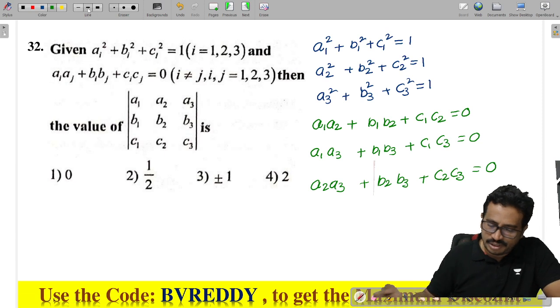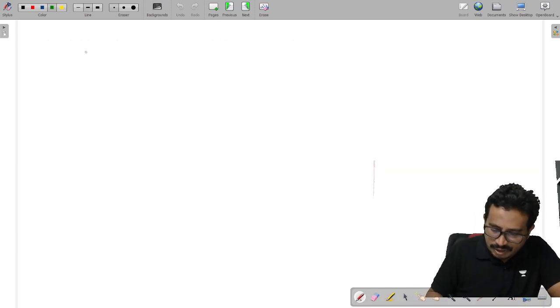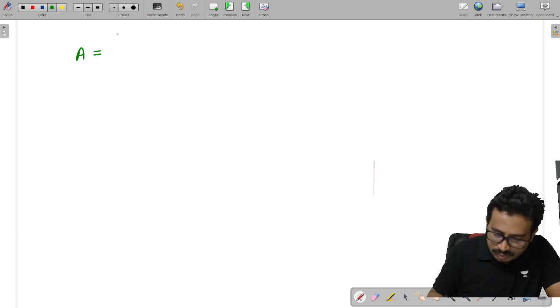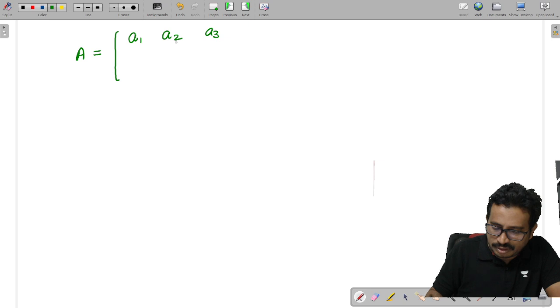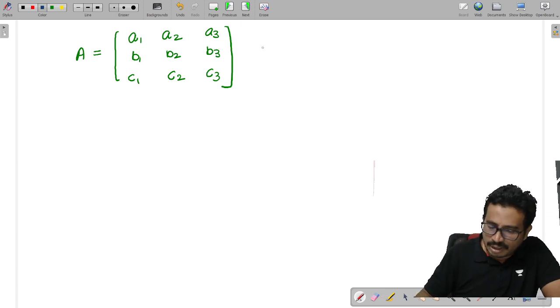Now look carefully. They are asking to find the determinant of the matrix. They gave some matrix, which I am taking as A, with rows a1, a2, a3; b1, b2, b3; c1, c2, c3. Now, can you tell me the transpose of this matrix?